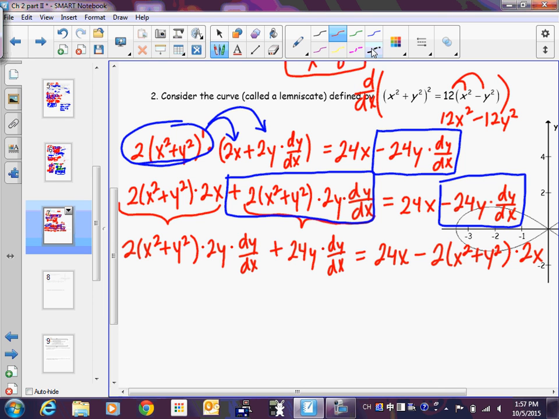There's a lot to this problem, but now I can easily see, okay, this thing is being multiplied to dy over dx, and so is plus 24y being multiplied to dy over dx. I'm ready to factor. And you always factor out dy over dx. No one in this class has asked me this, but some people in my other classes have been like, why aren't you factoring out the y as well?